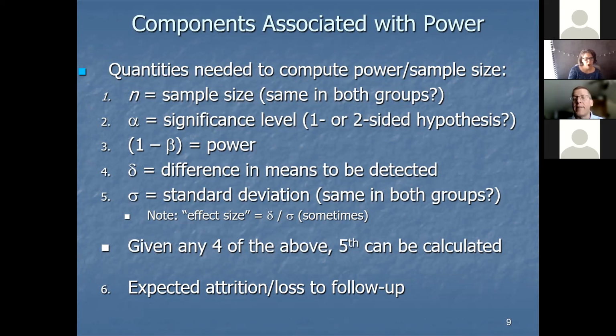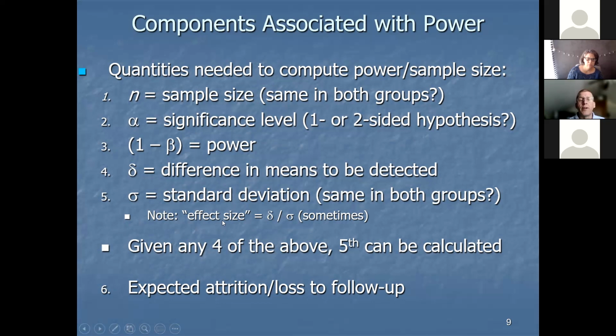Delta is that difference that we want to detect under the alternative. And sigma is my standard deviation, or my measure of variability. Again, how narrow or wide is that distribution? And again, a consideration: am I willing to assume that I have the same amount of variability in both groups or not? That determines which method I'm going to use.